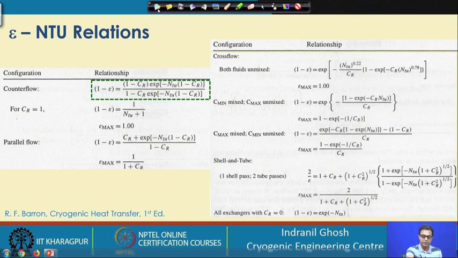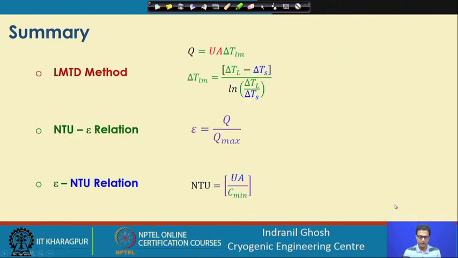With this background, if we summarize what we have learned so far, we have talked about the LMTD method, and we have also looked at the epsilon NTU and NTU epsilon relations. Based on these relations, we can now try to solve some examples.